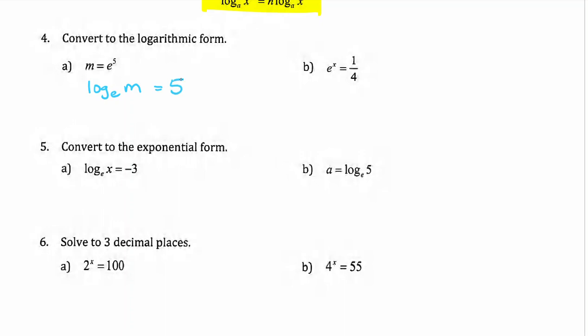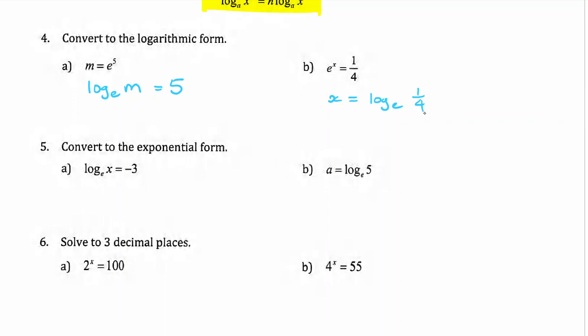Remember that? Slide the base. Let's do it again. The e is going to slide across. This time the x is going to be by itself. The e slides across to be the base of the logarithm of a quarter. There are some other things you could possibly do with that, but we're just asked to put it in logarithmic form, so we're just going to leave it like that.